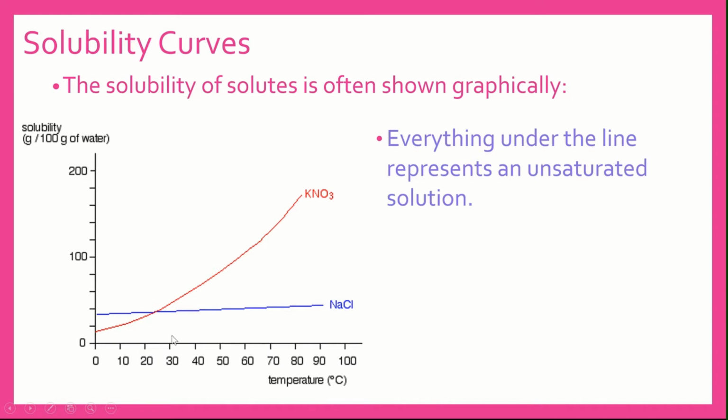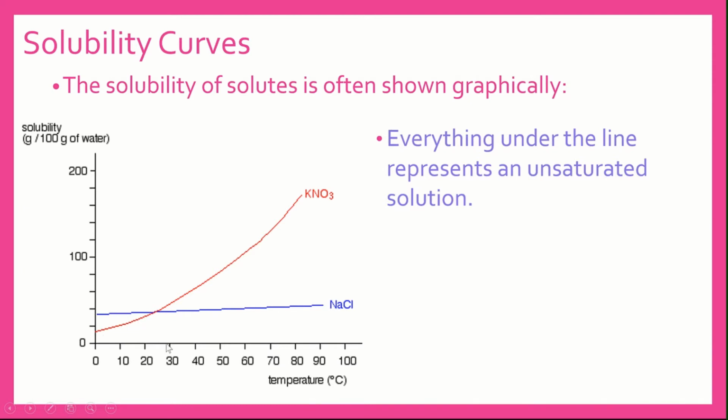So anything below this line represents the maximum saturation of whatever salt you're working with. The red line has potassium nitrate, KNO3, and the blue line represents sodium chloride, NaCl. And the line shows us where the saturation point is.